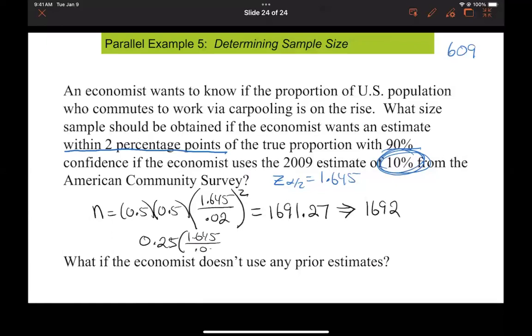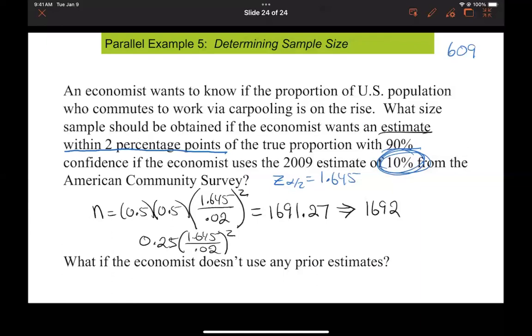I see that there are two numbers that have the percent behind them, like the 2% and then the 10%. Okay, so this says that we want an estimate within 2 percentage points. That part is telling me that's my margin of error, because I want my confidence interval to be within 2 percentage points.